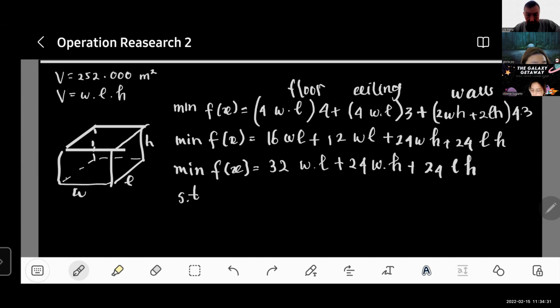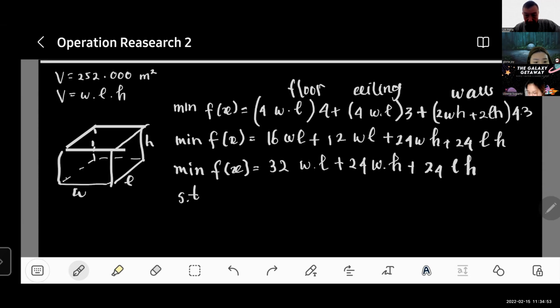Cost is the floor. The floor is W times L times 4. What is the 4 for? 4 is the cost. The floor is 4, correct. And then the ceiling.